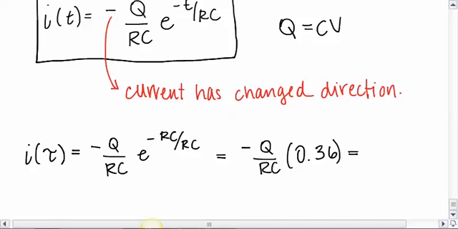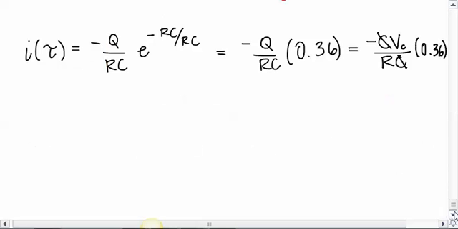And if Q is CV, so negative C, and then I'm just going to write V, V of the capacitor over RC. Then at one time constant, what's our current?